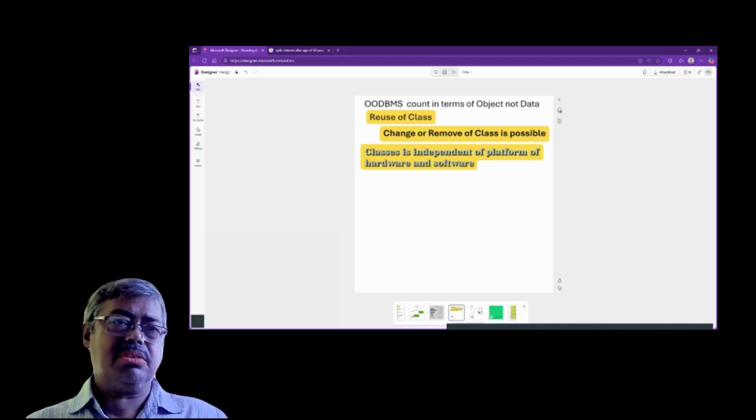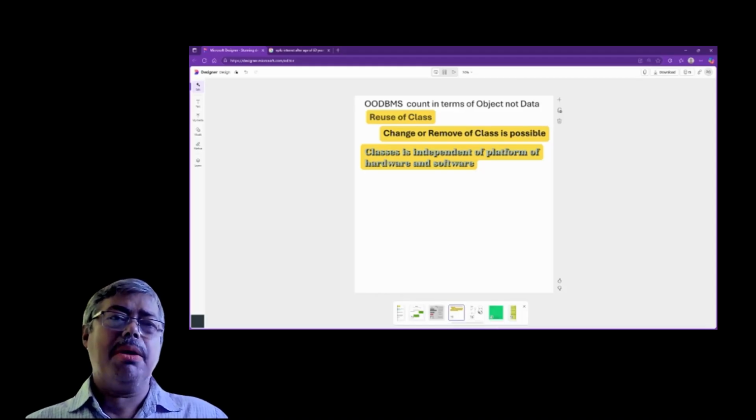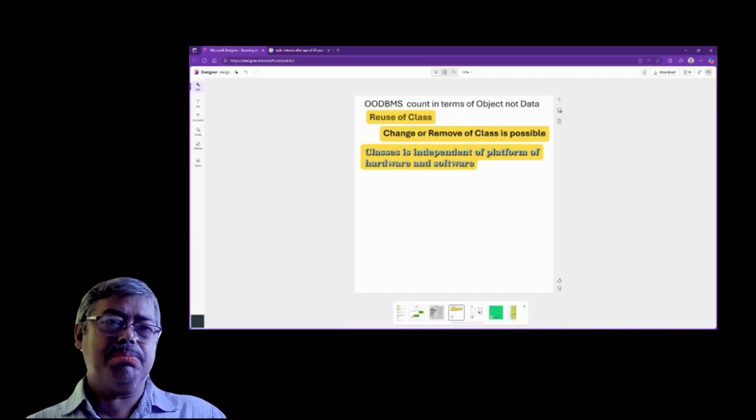Reuse of class, and change or removal of class, is possible. Classes are independent of the platform of hardware and software.